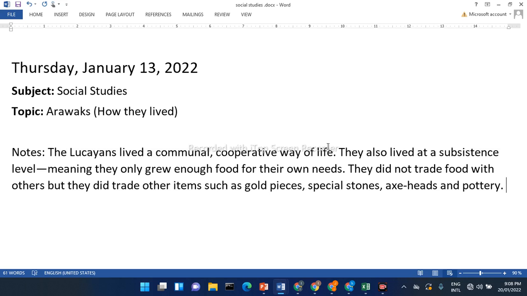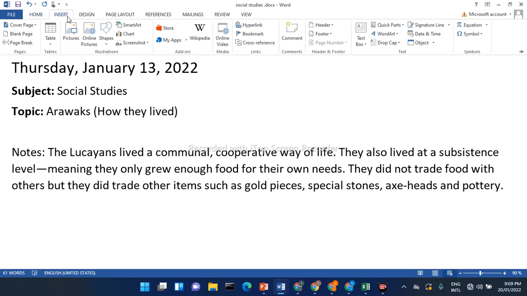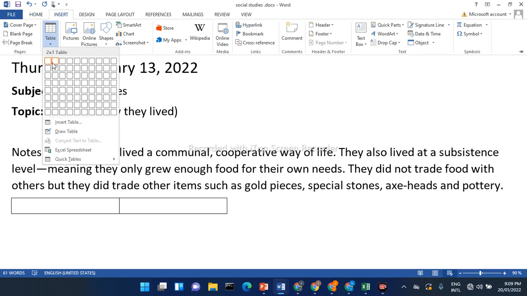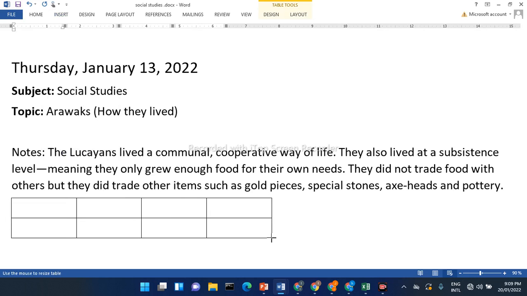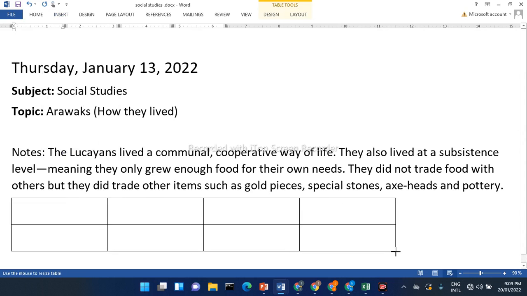So let's look at their ways of getting food. We're going to break this down. We are going to need four headings, and let's use two rows for now.